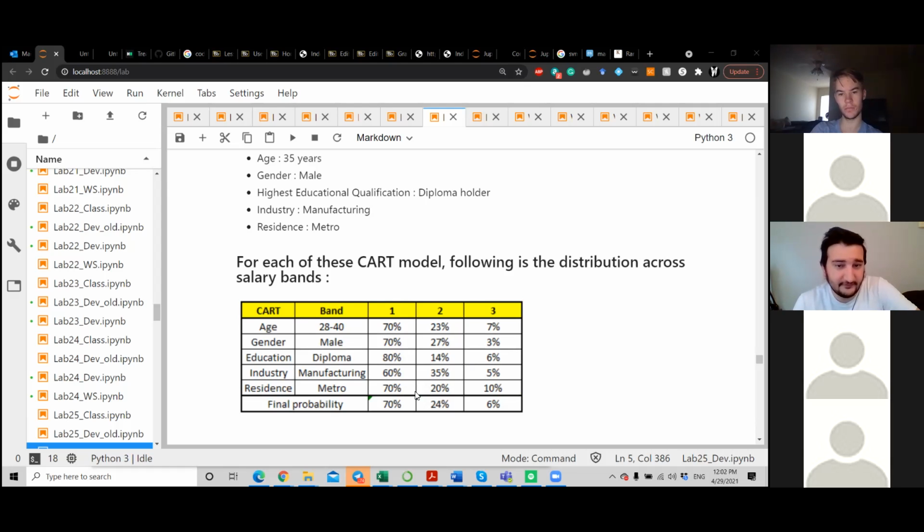Residence, the fifth tree. 70. So you had 5 trees. You received 5 votes. All 5 votes said band 1. So ultimately, you are going to classify this person as someone with a band 1 salary. Does that make sense? Yes. That will be the voting method.